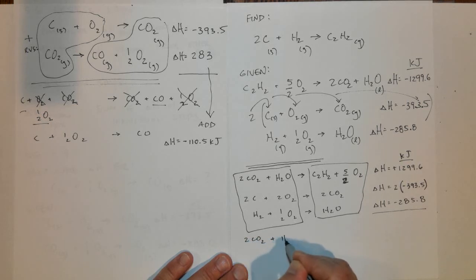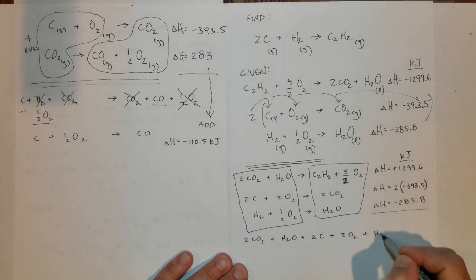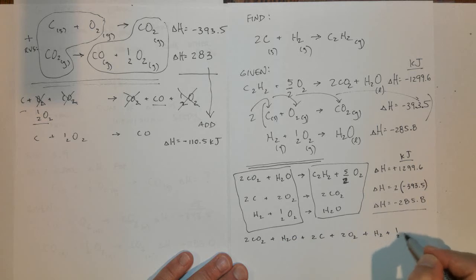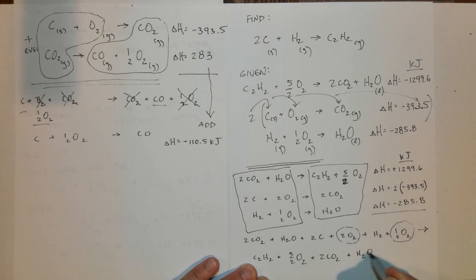2CO2 plus H2O plus 2C plus 2O2 plus H2 plus 1/2 O2. Notice right here I have 2 O2s and a half O2, so actually I have 5/2 O2, or 2.5. And then the things on the right hand side are going to be the C2H2 plus 5/2 O2, oh convenient, plus 2CO2 plus H2O.